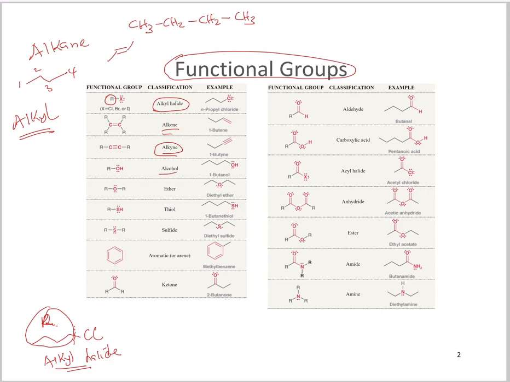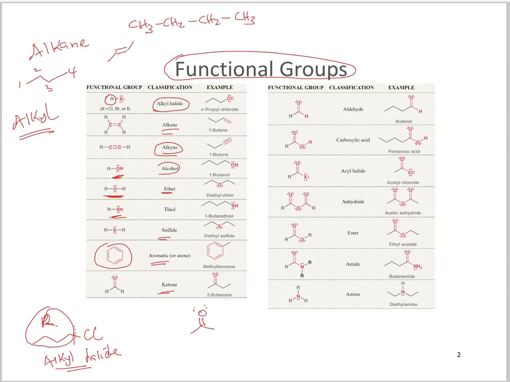We're going to have alcohols with an OH, ethers where the oxygen is between two alkyl groups, thiols, sulfides, aromatic groups, for example, the benzene. Ketone. In a ketone, we have a carbonyl, a carbon bonded to an oxygen. Such groups we call ketones.